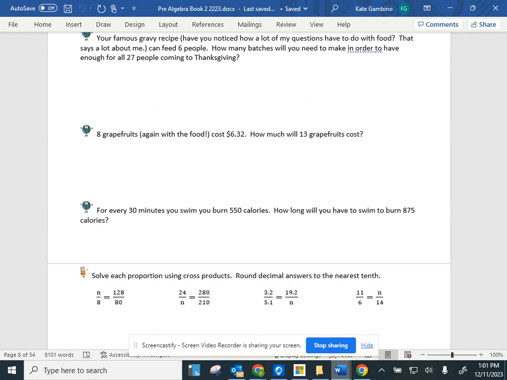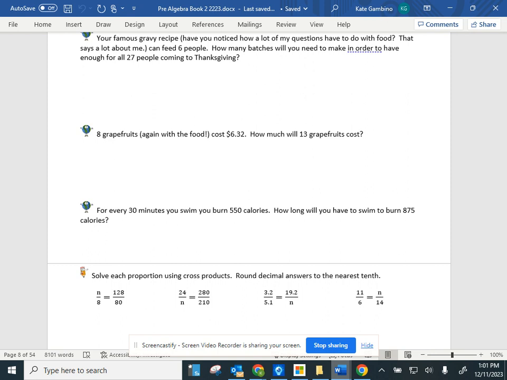How many batches would you need to make in order to have enough for all 27 people coming to Thanksgiving? Whew. So if our gravy recipe can feed 6 people, how many batches will we need to make?